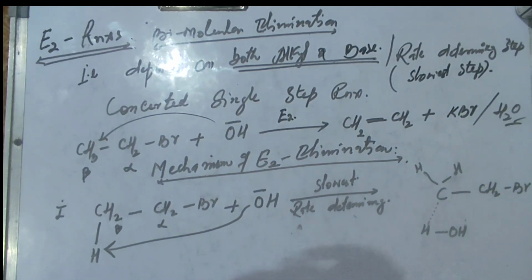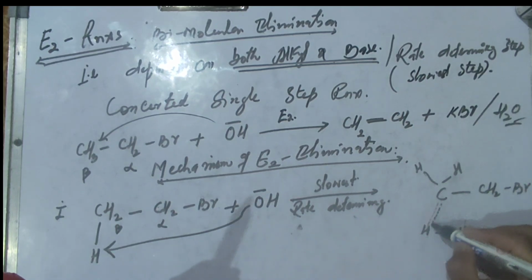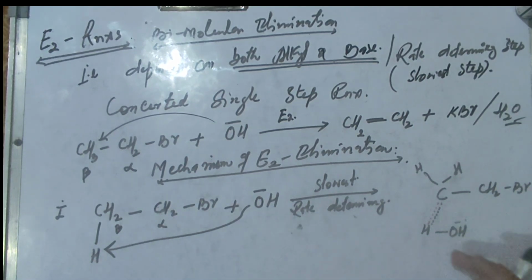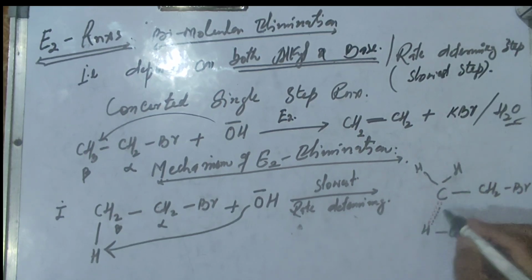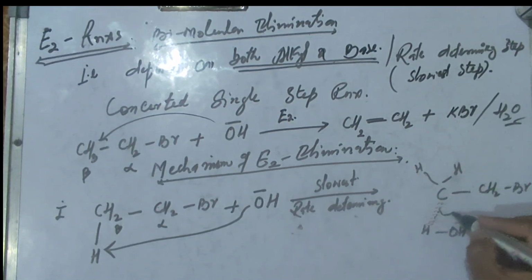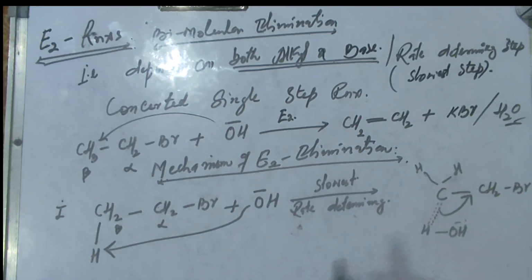What actually happens when this base attacks the beta hydrogen is that this bond starts to shift or migrate its electron pair towards this carbon, and because of the shift of this electron pair of the hydrogen, the electron pair between the carbon and bromine also starts to shift towards Br.